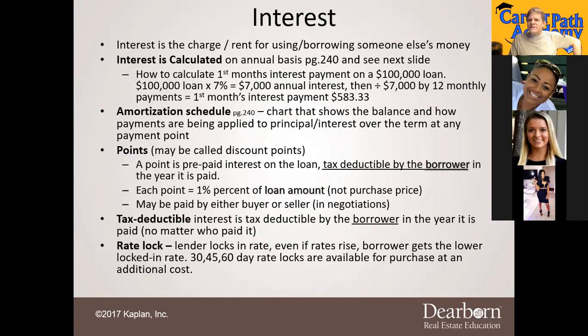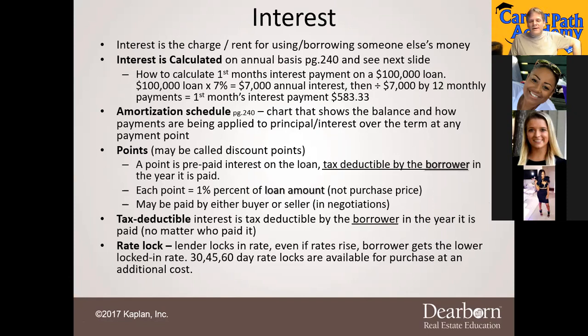And that interest is tax deductible by the borrower in the year that they paid it. Now, the math of how to calculate it is each point is 1% of the loan amount, not the purchase price, but the loan amount. It's important to know that if you want to get the math problem right on exams, hint, hint.